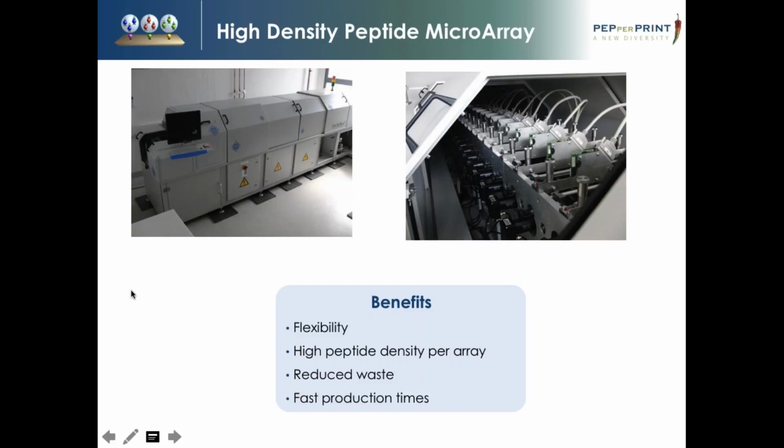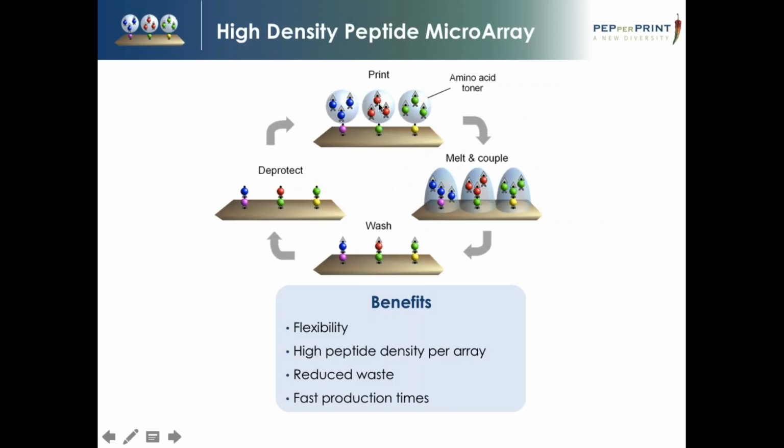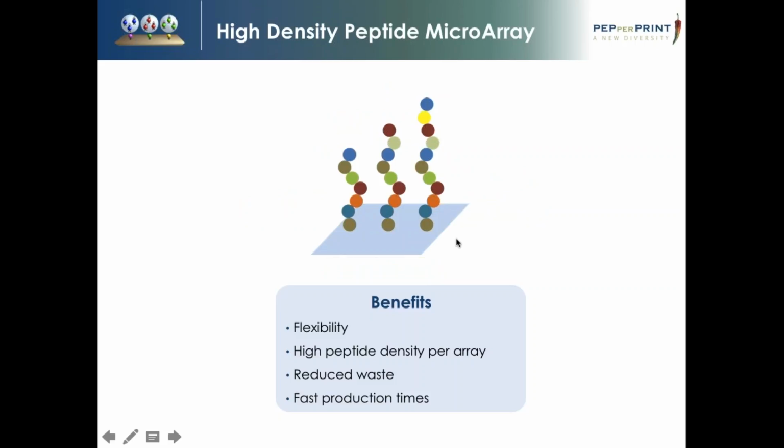But instead of having 4 color cartridges, our printer has 20 amino acid cartridges in which you have the amino acid embedded in a toner in each of the cartridge. So how it works is we have glass slides that are placed into the printer, and the amino acids are directly printed onto the slides, melted and coupled so it sticks to the slides, wash, deprotect, and then this process is repeated over and over till eventually you have completed your peptide of interest.